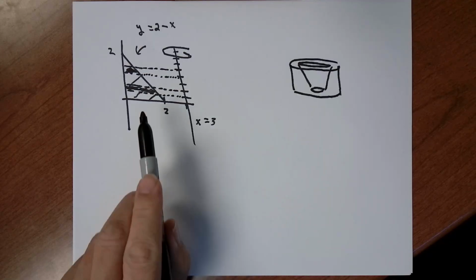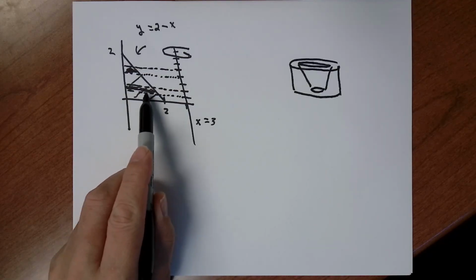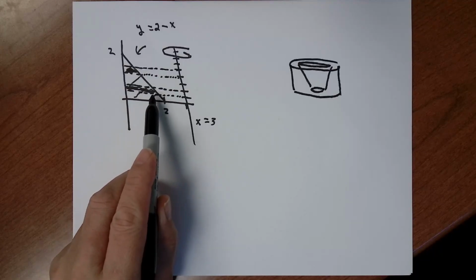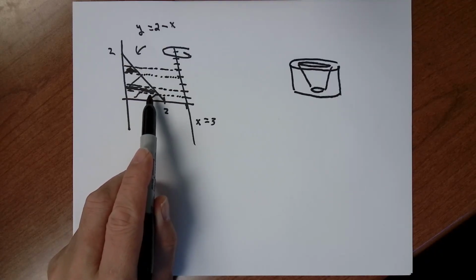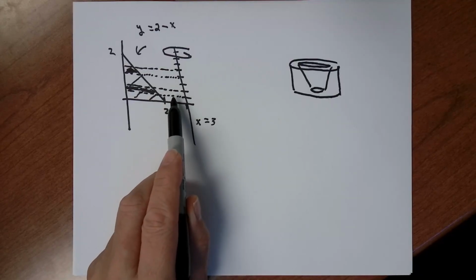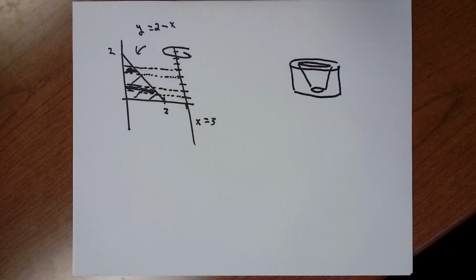For instance, if you think of this one, every point in this horizontal strip is going to get revolved around x equal 3. These points are not important to me. They're not included within the region that I'm going to revolve.